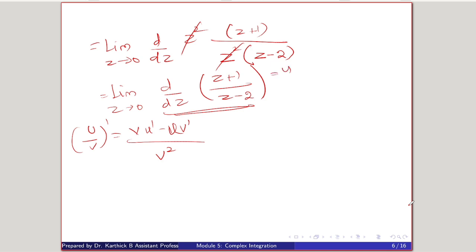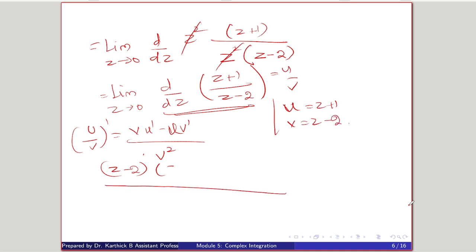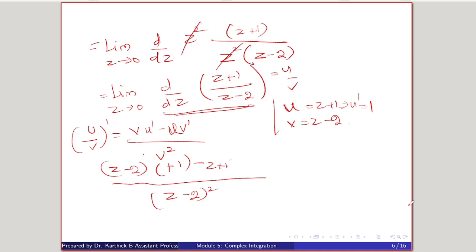Here u will be z plus 1 and v will be z minus 2. Therefore the denominator is z minus 2 whole square, and the numerator is v times u dash, where u dash is 1, so z minus 2 into 1, then minus u times v dash, that is z plus 1 into 1.